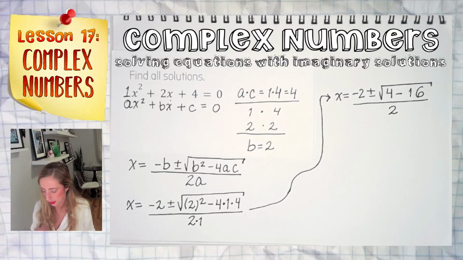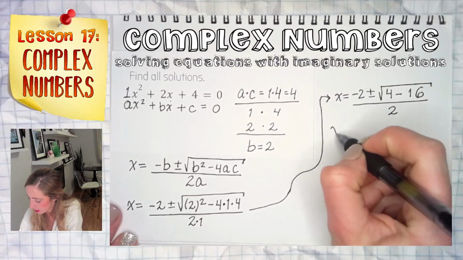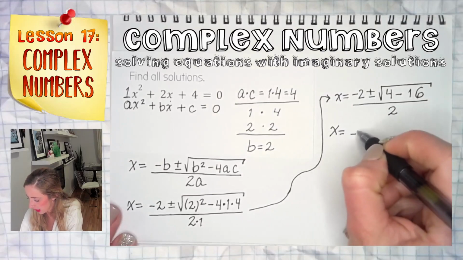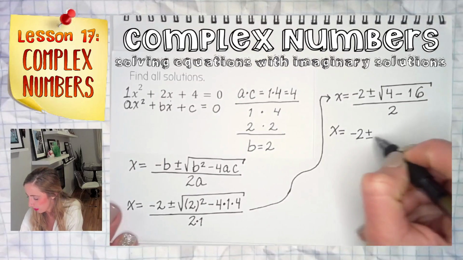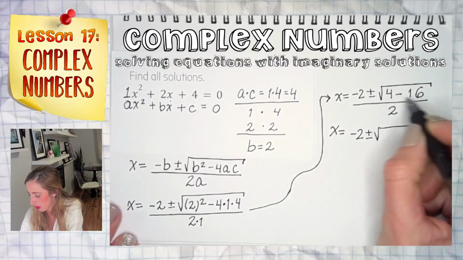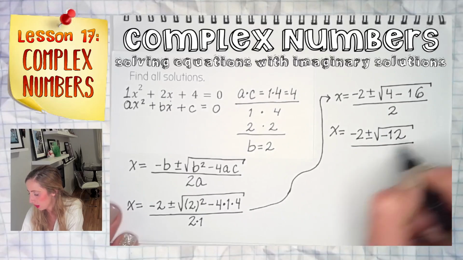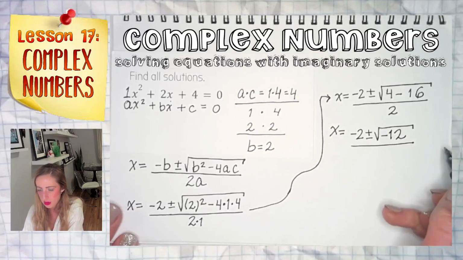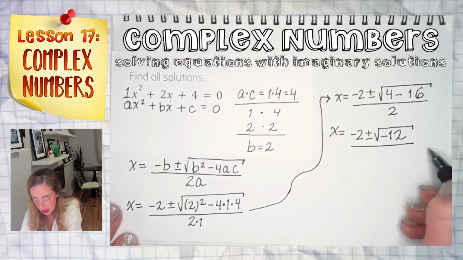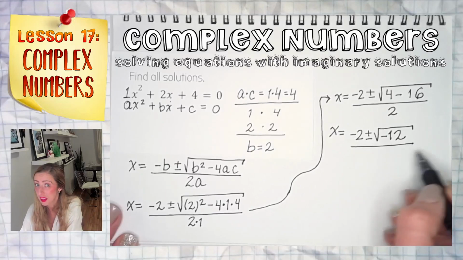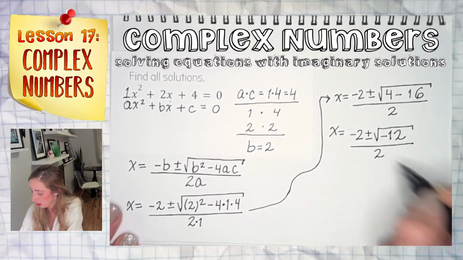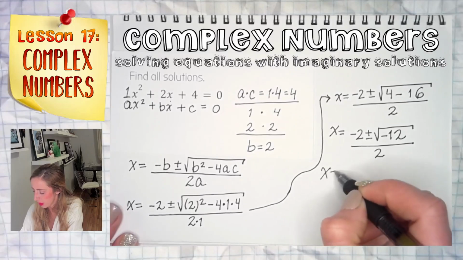So my answer will be negative. Hopefully that makes sense. So x equals negative 2 plus minus the square root of negative 12, all over 2. Not just what's under the radical, not just the radical, everything, okay?